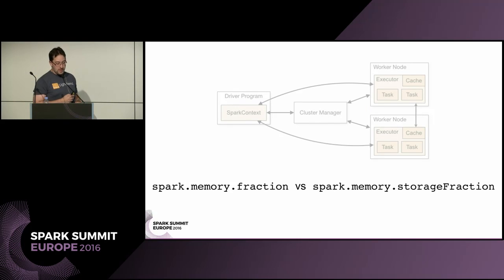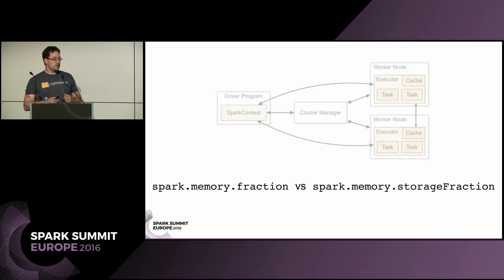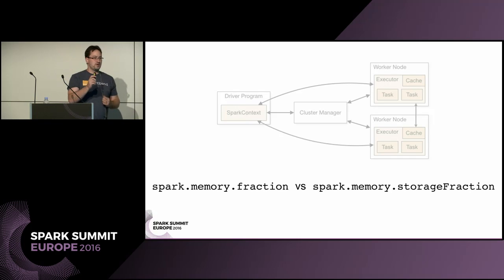To help with that, we have two configurations, spark.memory.fraction and spark.memory.storageFraction. These configs are for figuring out when you're going to be using memory for dealing with out of memory and handling internal things. So spark.memory.fraction, I believe that in Spark 2.0 is set to 60 or 75%. I think it used to be 75.